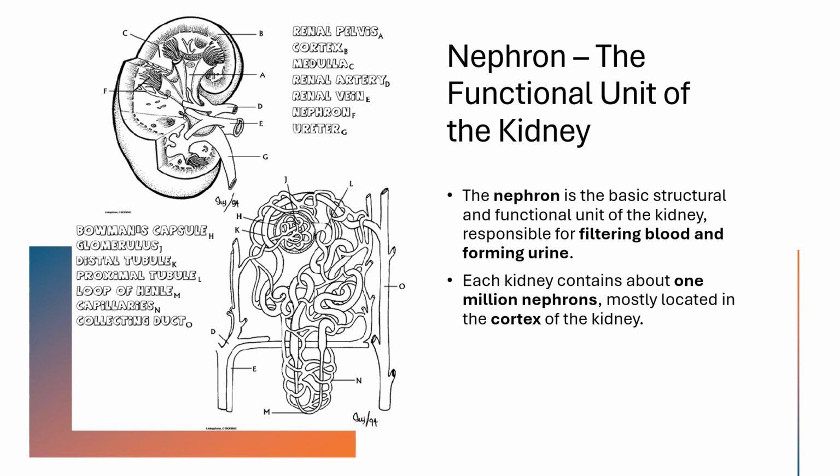We have two kidneys and each kidney contains about 1 million nephrons, which are mostly located in the cortex. Here you can see the cortex shown by letter B, and most of the nephrons are located in the cortex of the kidney.